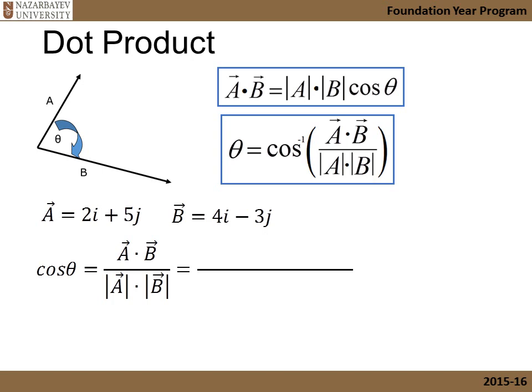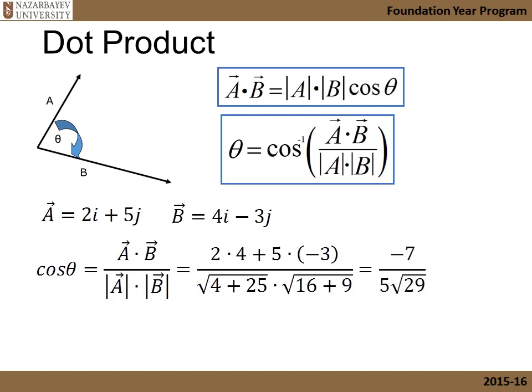So we have the fraction where in the numerator we have the dot product, and we multiply the corresponding coefficients at i and j, and then we sum them up, and in our denominator we have the multiplication of the magnitudes, which are root of 4 plus 25 and root of 16 plus 9, and this equals minus 7 over 5 times root 29.